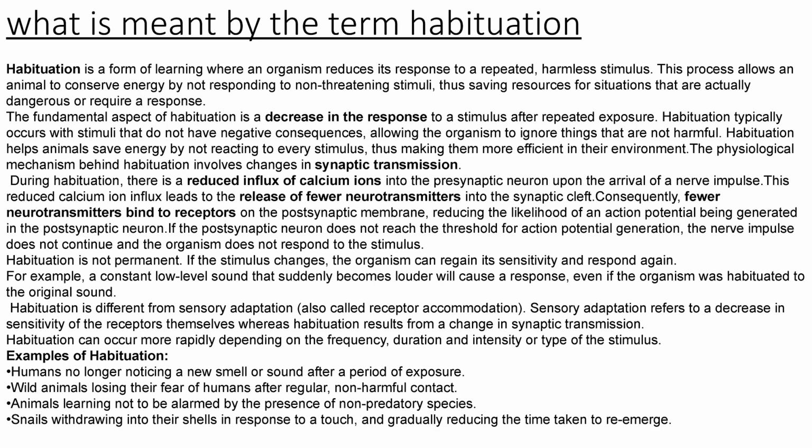Consequently, fewer neurotransmitters bind to receptors on the postsynaptic membrane, reducing the likelihood of an action potential being generated in the postsynaptic neuron. If the postsynaptic neuron does not reach the threshold for action potential generation, the nerve impulse does not continue and the organism does not respond to the stimulus.